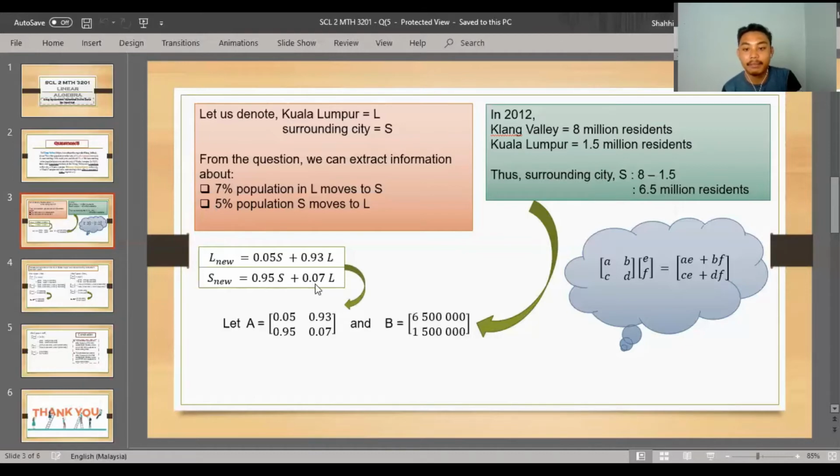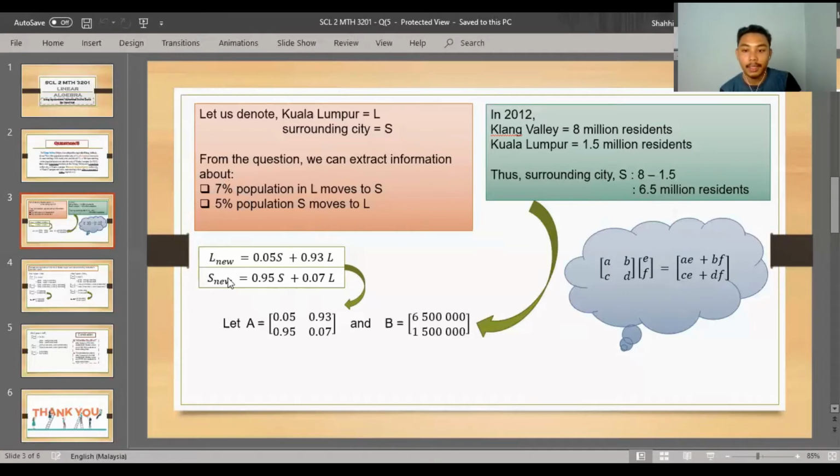And 0.07, we can get directly, which is 7% of the population in Kuala Lumpur will move to the surrounding cities. So if we add these two terms here, we can get the new population in the surrounding cities.